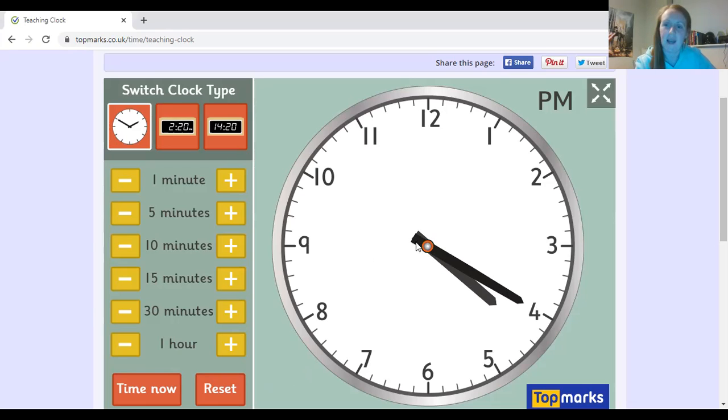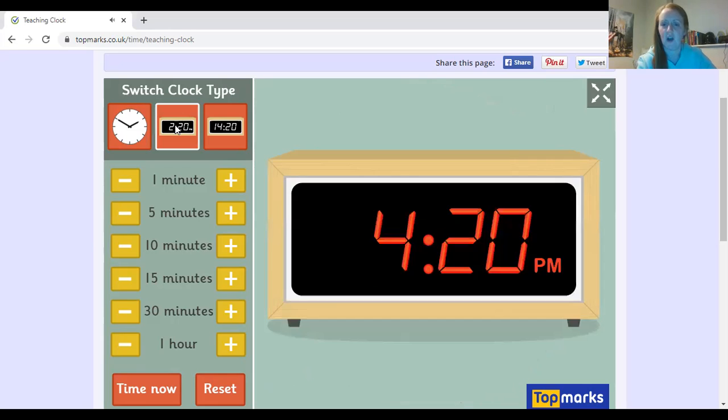It is now an hour later, 20 past 4, 5, 10, 15, 20. Okay, remembering to count in those 5s all the way around. 20 past 4. And if I was going to write that on a digital clock, I would write it like this. 4:20. 4 dot dot 20.